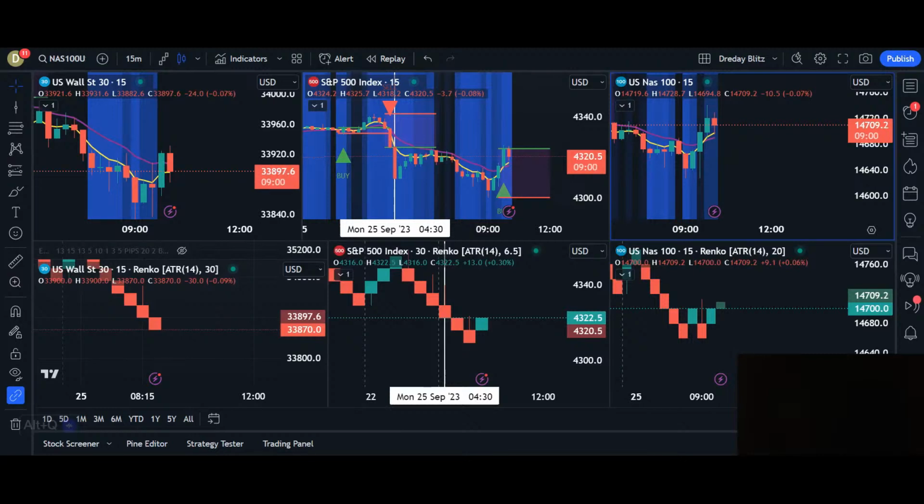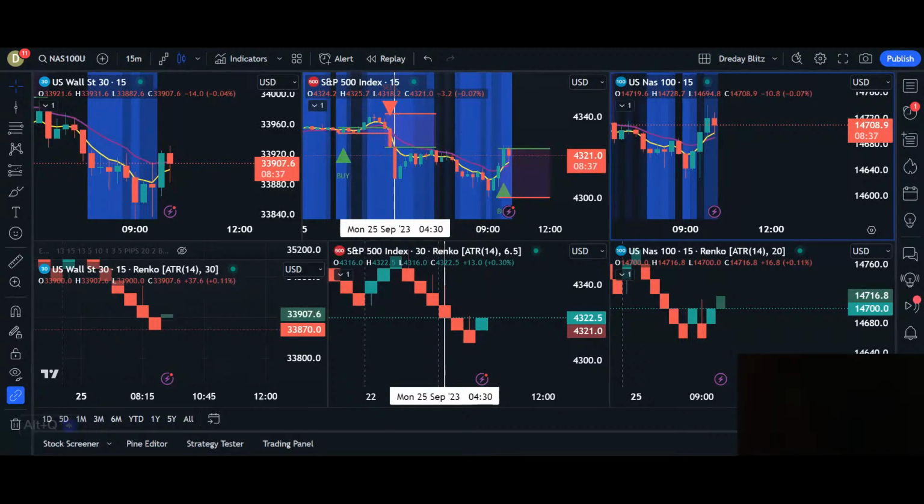So how do I use the EMX AI in conjunction with the Renko bars? The Renko bars are used to look at the overall trend in the market based off of points. It's not based off of time. Every Renko bar is calculated in points.